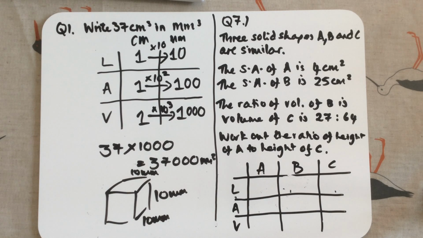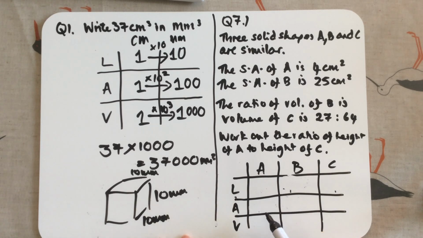So this next question, question 7 on your worksheet: 3 solid shapes A, B and C are similar. The surface area of A is 4 centimetres squared and the surface area of B is 25 centimetres squared. So I can fill in, I've drawn my table down here for A, B and C, length, area, volume.